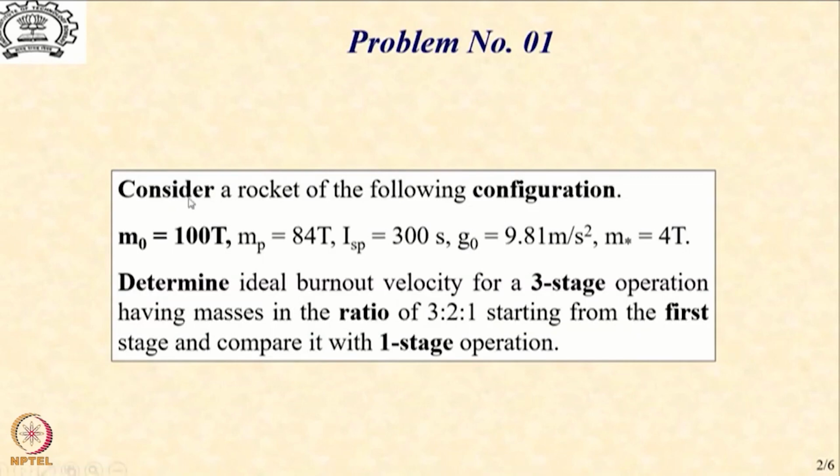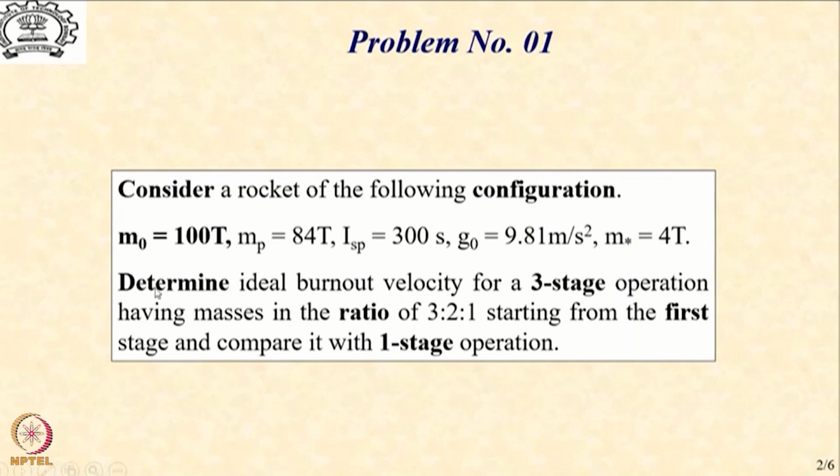Here let us consider a rocket of the following configuration. It has a liftoff mass of 100 tons, a propellant mass of 84 tons, which has an ISP of 300 seconds. We are going to assume sea level gravity condition G0 and can lift a payload of 4 tons.